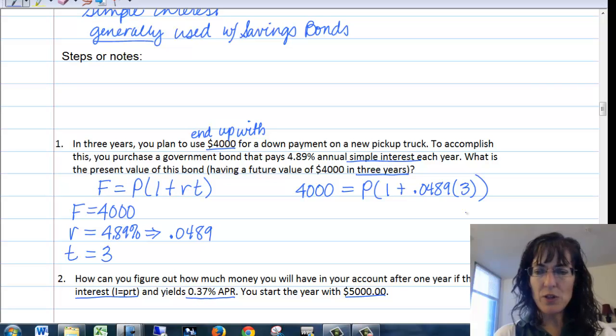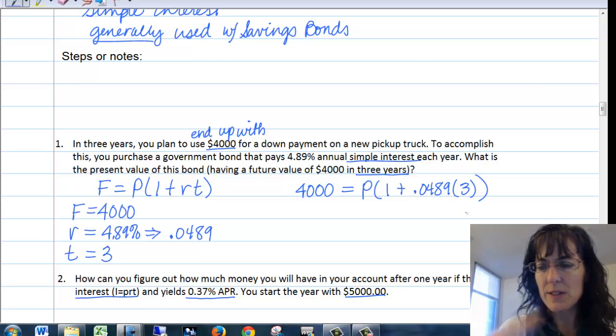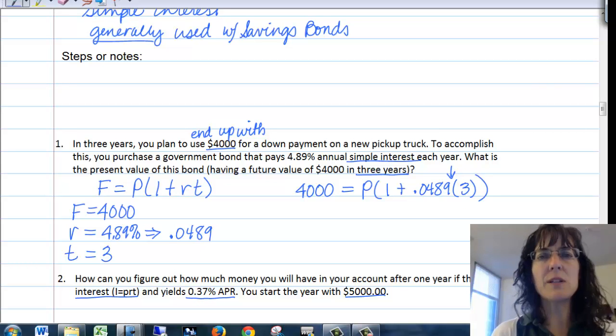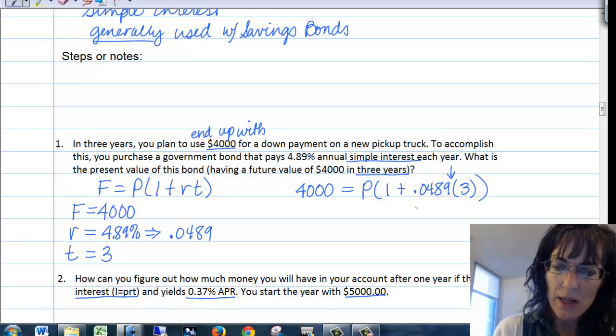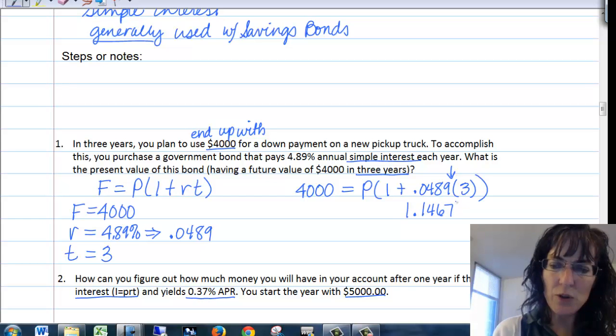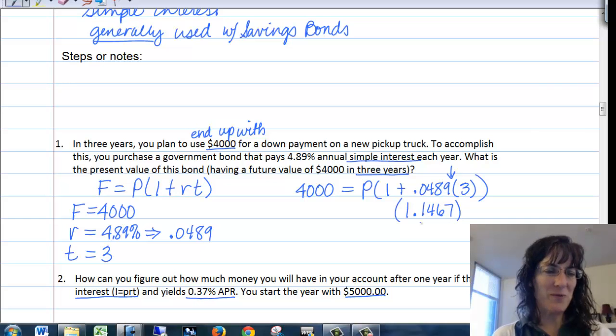So I'm going to start by typing this multiplication from inside the parentheses, because that'll be first by the order of operations. So I'm doing 0.0489 times 3 equals, and I get 0.1467. When I add 1 to it, it's just going to be 1.1467, so I'll just do plus 1 equals.